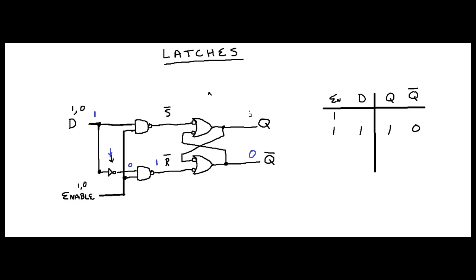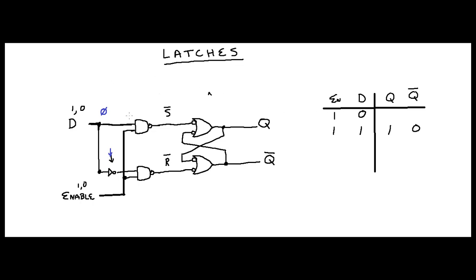I'm going to erase the blue marks here. And instead of D being 1, now we're going to make it a 0. So if D is equal to a 0, that's what we have right here, doing the first one.